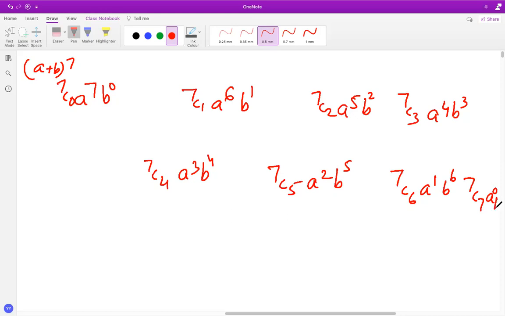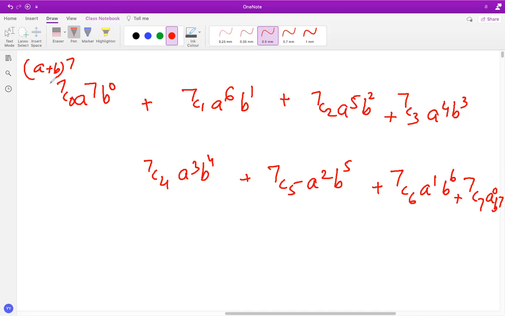So here we have the last expression. If you add it up, you straight away get the answer. So you didn't even need Pascal's triangle for this. And of course, you have to simplify the values 7C0, 7C1, and so on.